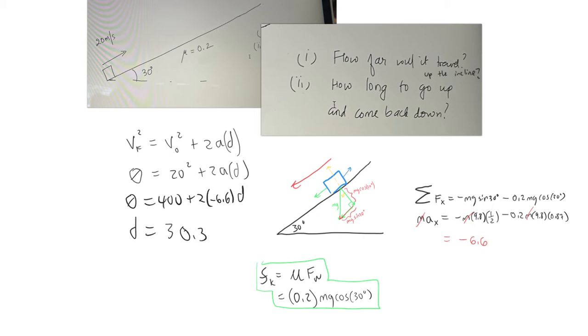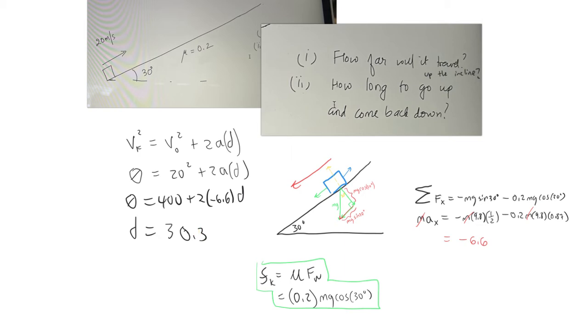Once again, unless I made a mistake with the calculation, that's the answer to that. Now, if we're just saying how far did it travel up the incline, well, that's what it would be. If it's how far did it travel in general, going up and then going down again, of course, that would be 30.3 times 2.